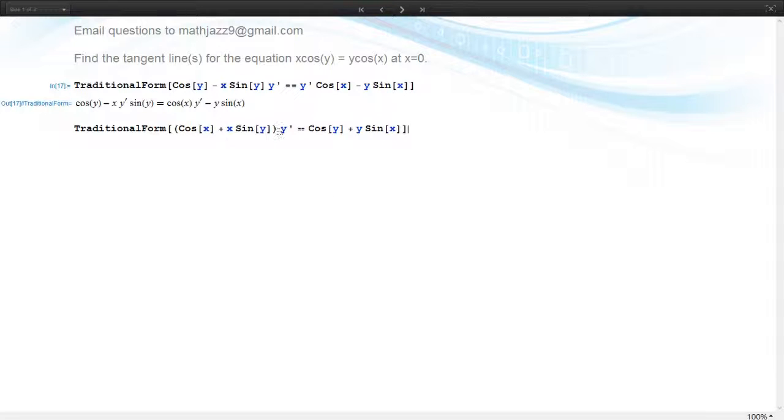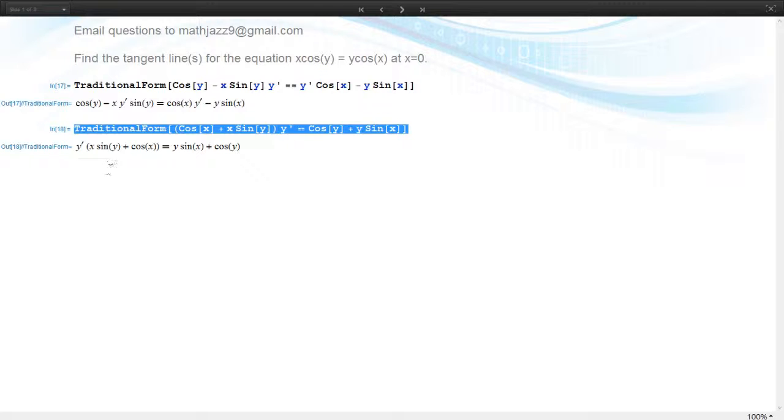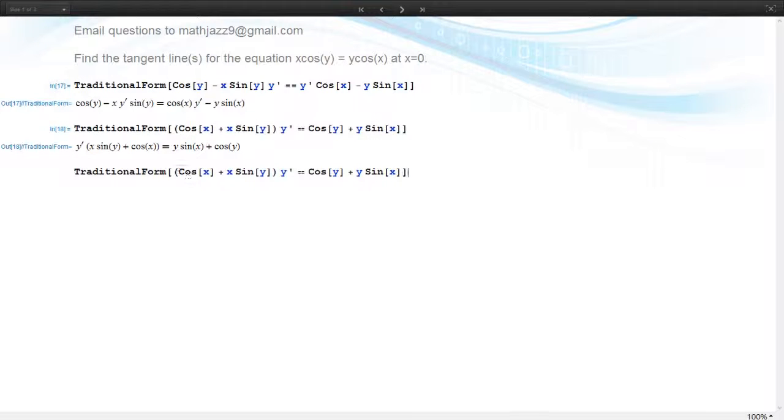I factored out the y prime, so I get this. And now I divide both sides by the coefficient on y prime so that I can isolate y prime. Like so. This goes to the other side.